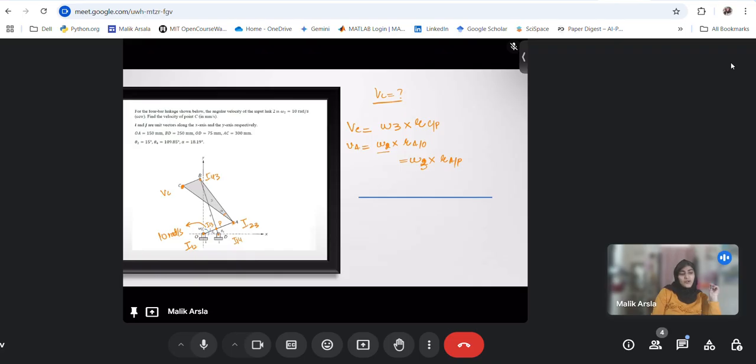The x and y coordinates of RAO are OA cos 15 and OA sin 15, right? So RAO is equal to OA cos 15 plus OA sin 15 degree, and I will use the i and j cap to denote this. What is this coming out to be?